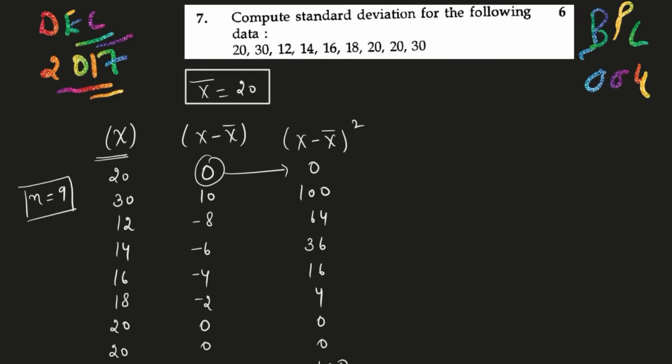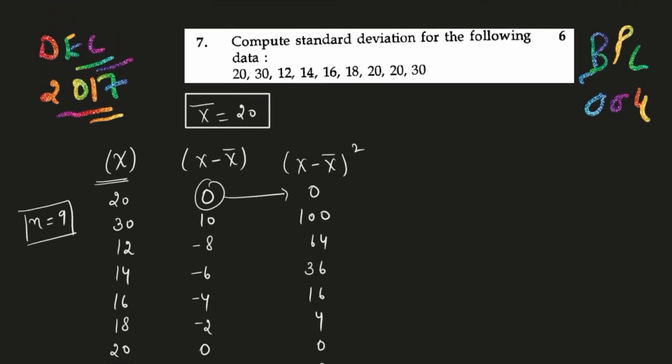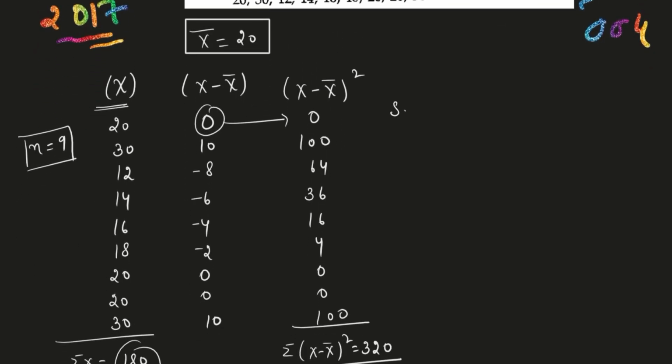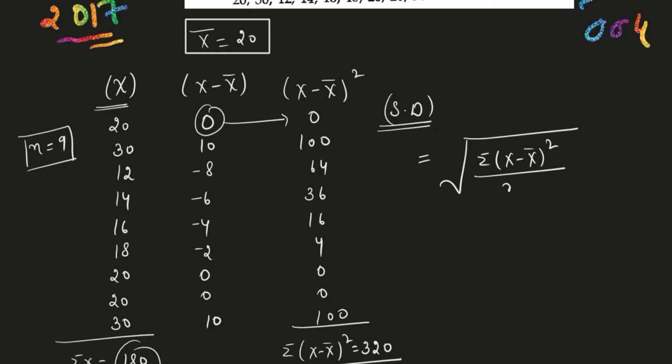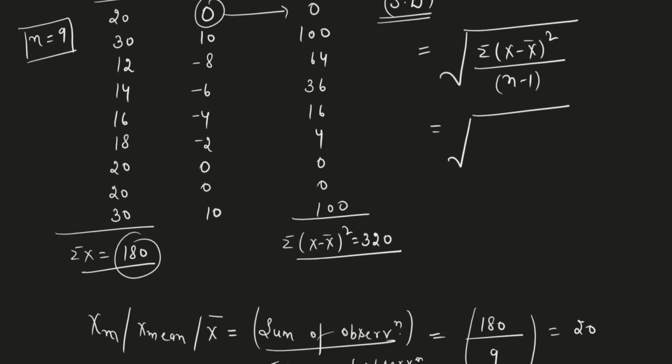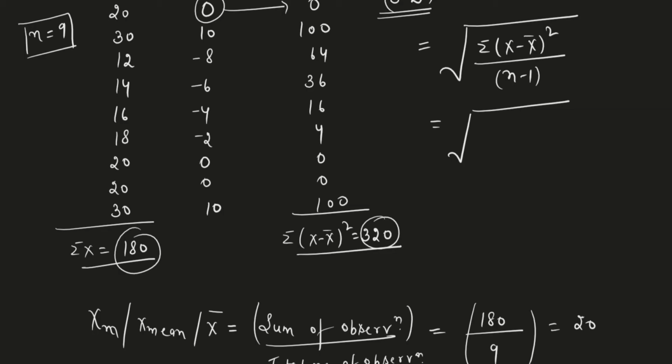Now what is our question? We have to find the standard deviation. Standard deviation in short form is represented by SD, right? Now what is the formula for the standard deviation? That is under root of summation of x minus x bar whole square divided by n minus 1, right? Now what is the value of summation of x minus x bar square? That is 320, we already found out.